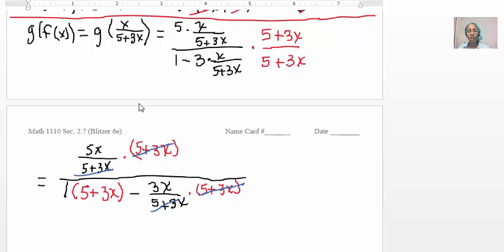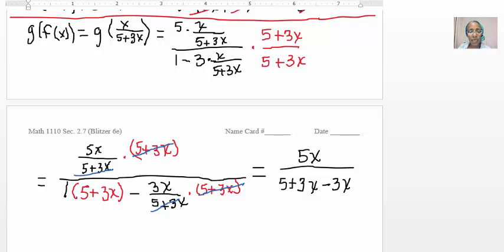So the point is, you rid the problem of the minor fractions, and now my numerator is simply 5x, and you've done so legally because you've only multiplied by 1. And when you multiply by 1, you don't change the value of what you were multiplying. And I simply have a minus 3x left here.